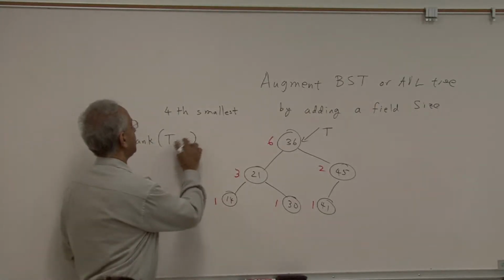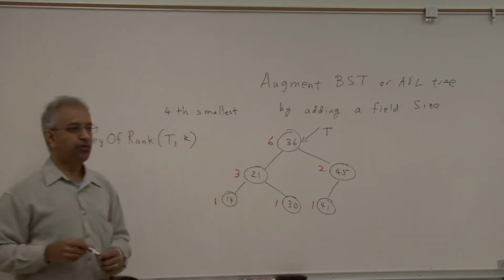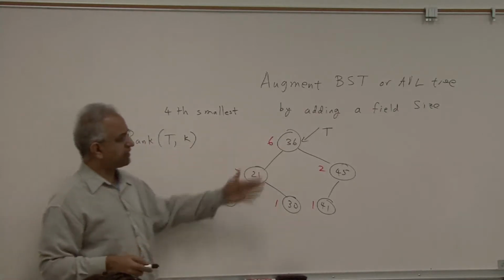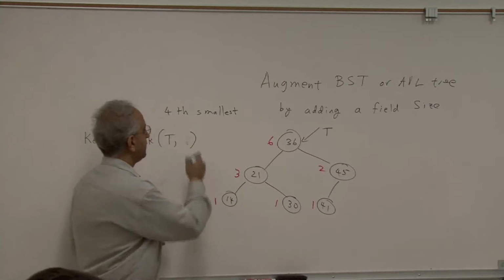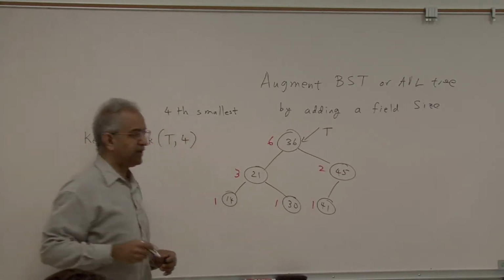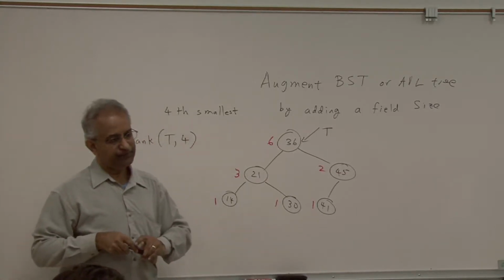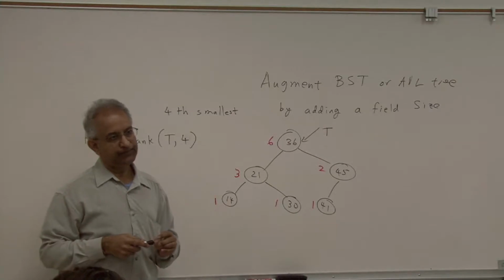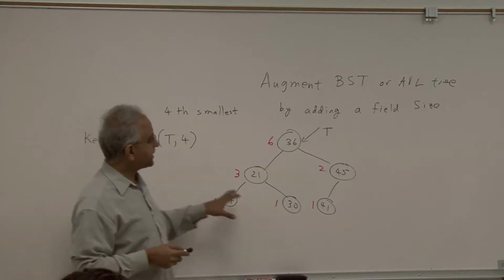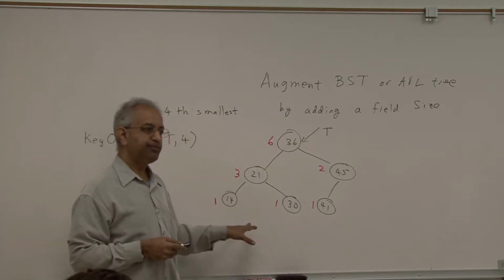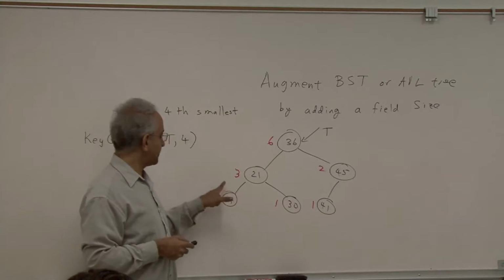Doesn't have to be n over 2. Say, I want to know what is the fourth smallest key. What will allow me to determine that? Well, look at the size of the left subtree. Size of the left subtree is 3, yes.